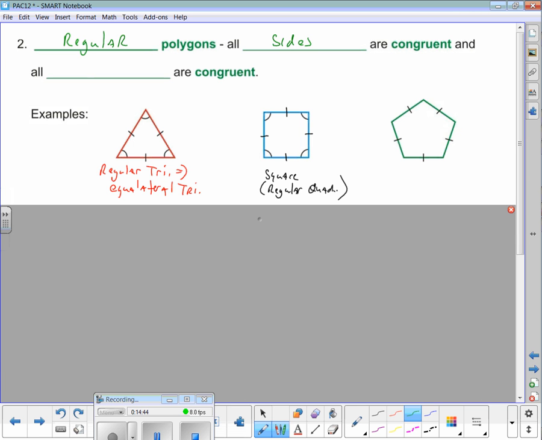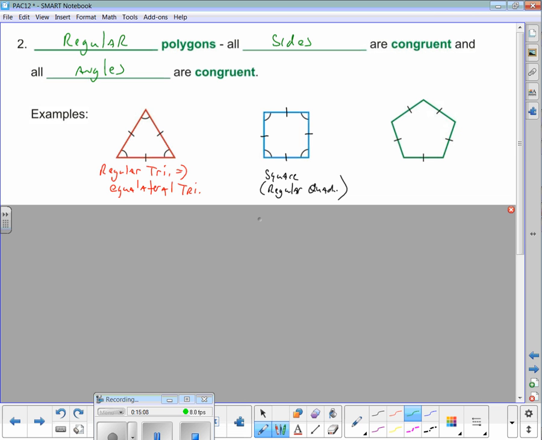Meaning they're all congruent. But there are 2 parts to regular. All sides are congruent and all angles are congruent. Has to be both. And notice the angle markings of the equilateral triangle. Aren't they all marked the same, with one marking? Notice the angles of the square.